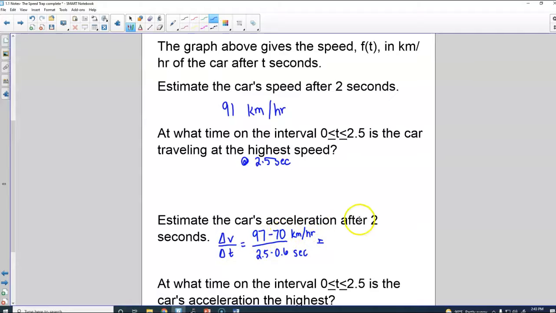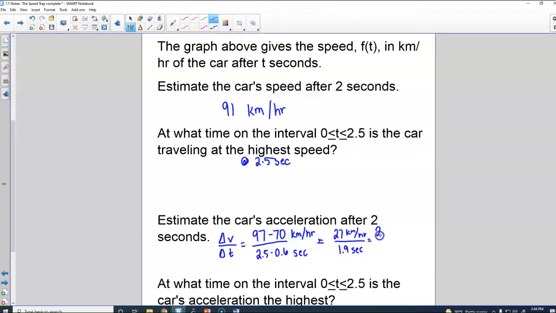Here we've got 27 kilometers per hour over 1.9 seconds. Probably the easiest way to do this is let's just change seconds to hours. So what should we do to change seconds to hours? Divide by 3,600.